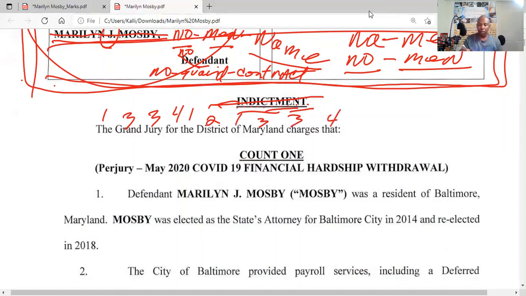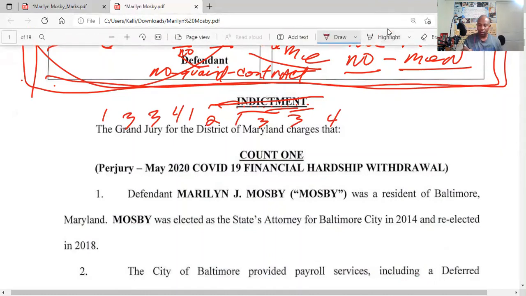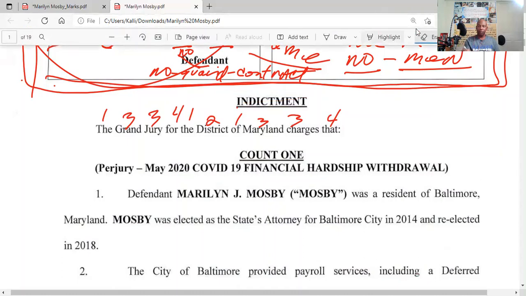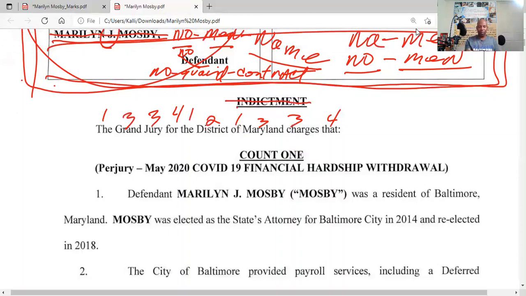Let me erase what's up here so you can have a better look. Okay. We're going to still void this. That means nothing.